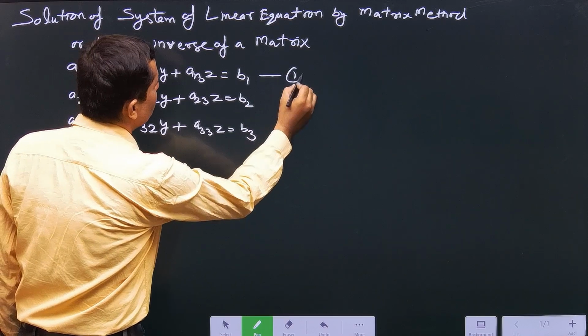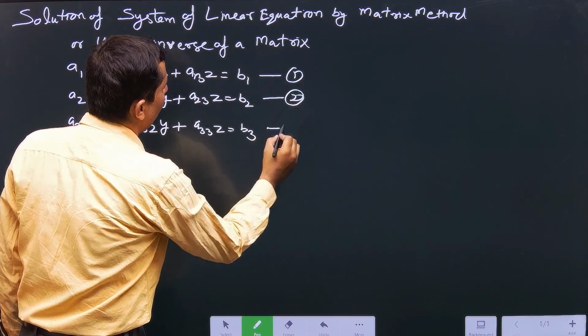It is your first equation, second equation, third equation.